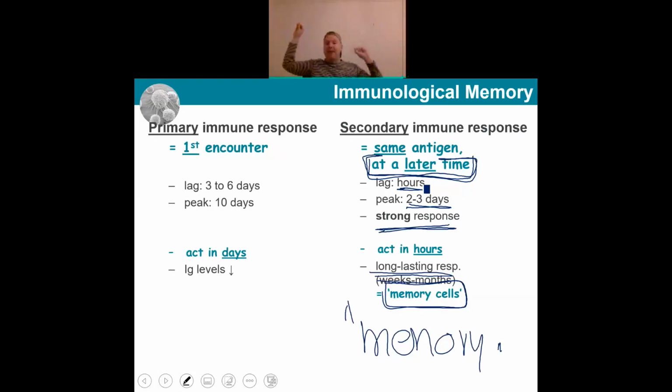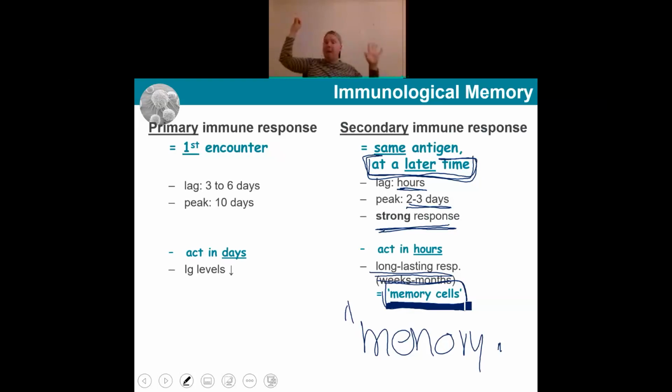It's only within hours that we are able to start responding, so you get sick much quicker. The peak sickness takes place within a couple of days, and the response is super strong. All of this is thanks to these memory cells and developing the memory against this pathogen.